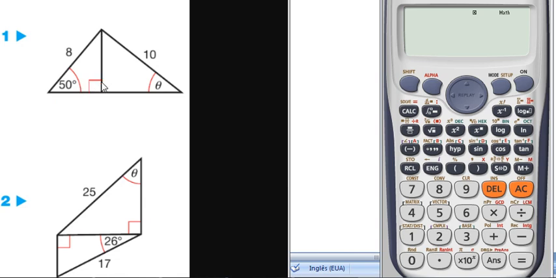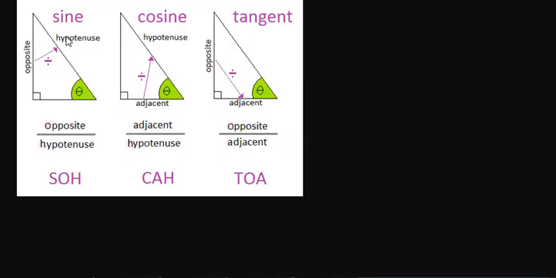This side represents the opposite side of 50. So I have to use the rule which involves the opposite side and the hypotenuse. And this rule is the sine rule.